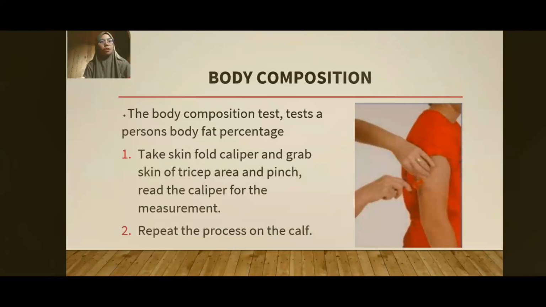The body composition test measures a person's body fat percentage. First thing you need to do is take a skinfold caliper, grab the skin of the tricep area and pinch, read the caliper measurement, and repeat the process on the calf.